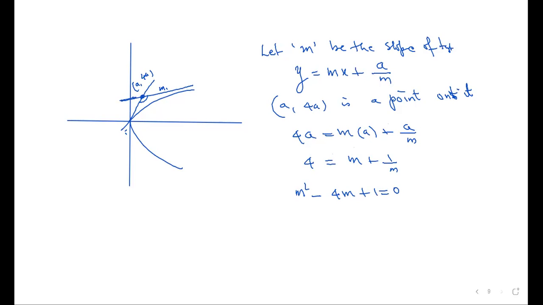Let me check once again. A comma 4a... A comma minus 4a. You can't solve this. You did it correct now. 4a, a. So we'll get a very vague answer.